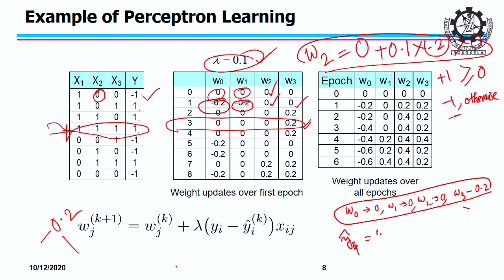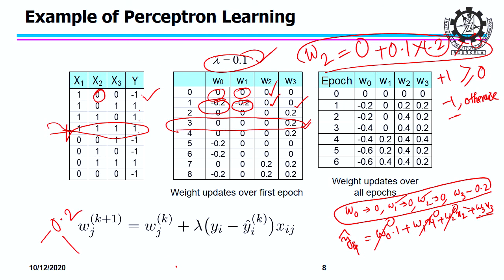Now, what do you do? W 0 into 1 plus W 1 into x 1. If you note it, W 0, W 1, W 2 all are 0, plus W 2 x 2 plus W 3 x 3. So, this is 0, this is 0, this is also 0. Therefore, only W 3 x 3. What is the value of x 3?